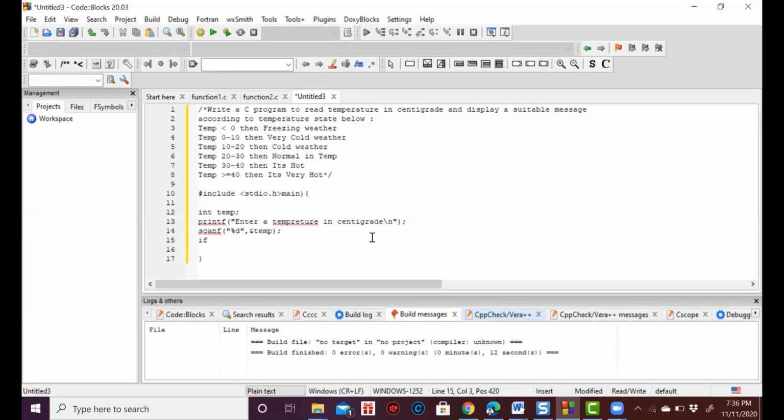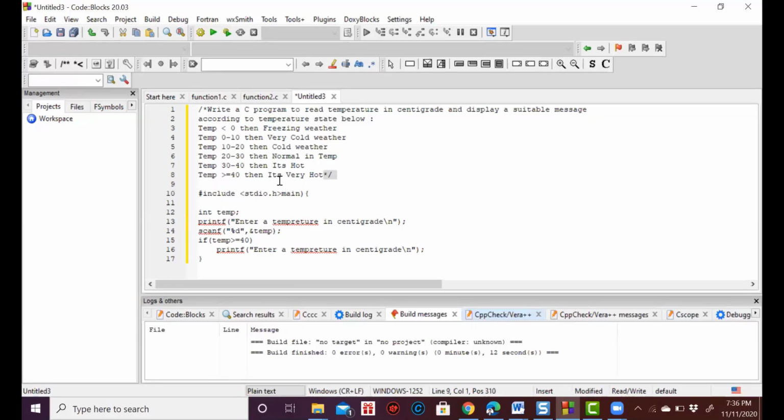If temp greater or equal to 40, okay, then printf. What printf?